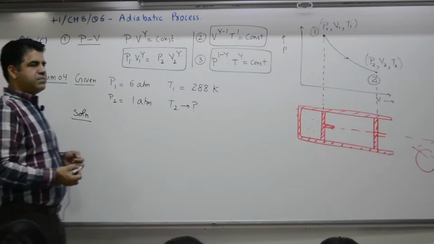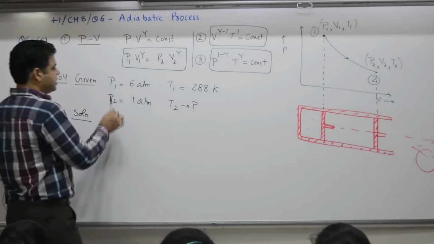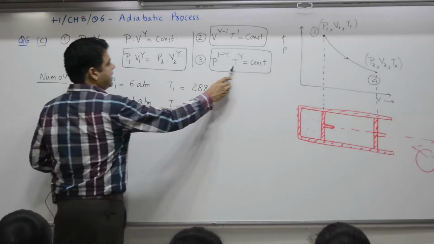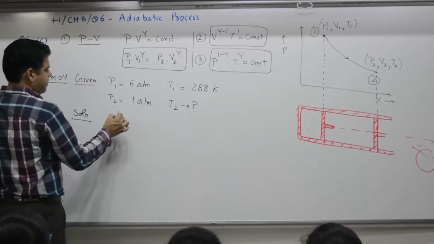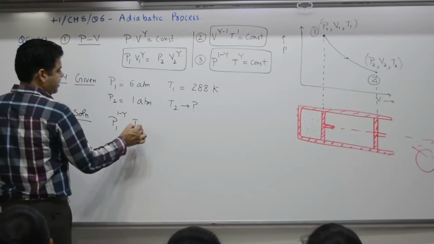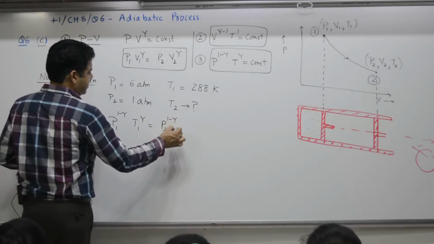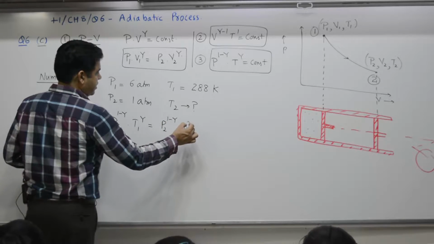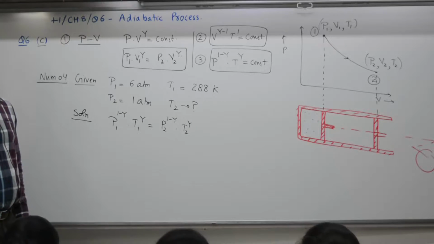Adiabatic, suddenly, means the process is adiabatic. If it is an adiabatic process, the relation between P and T is P1's power 1 minus gamma, T1's power gamma is equal to P2's power 1 minus gamma, T2's power gamma. In the question it is given gamma is equal to 1.4.